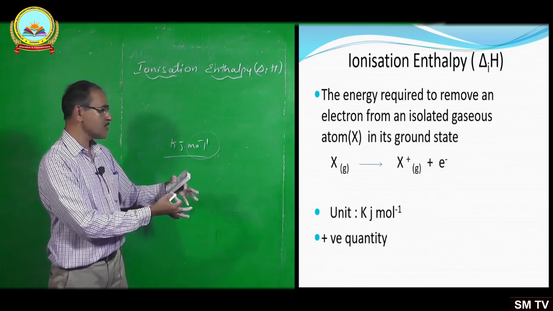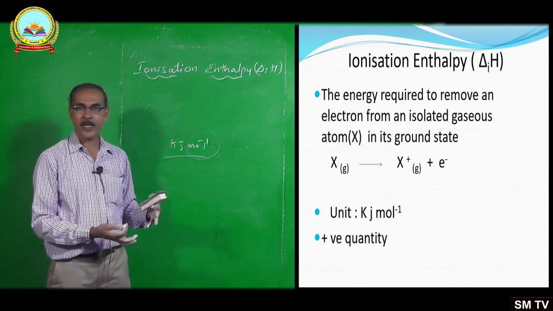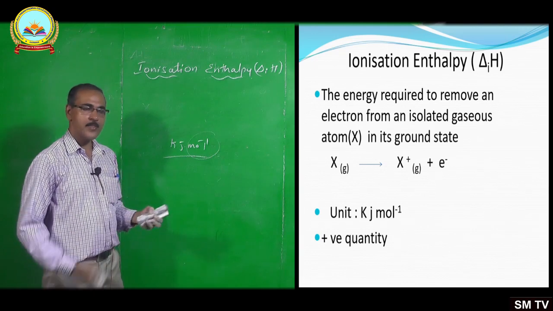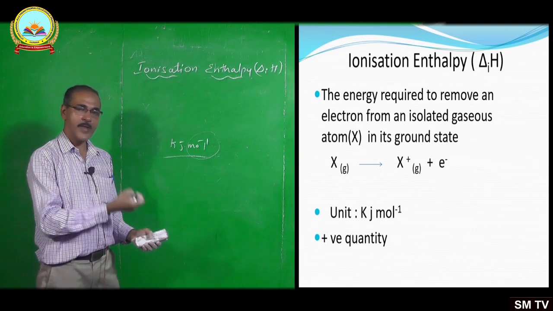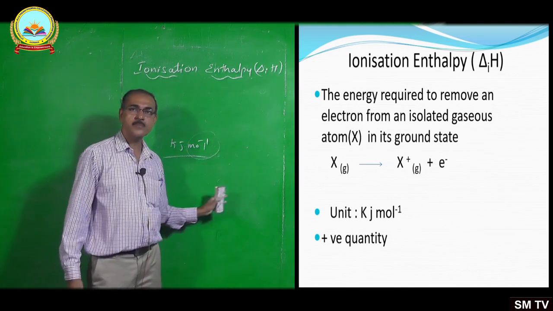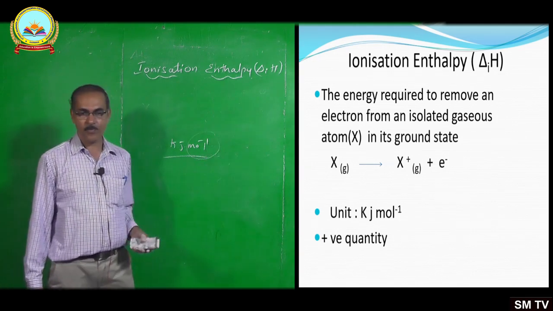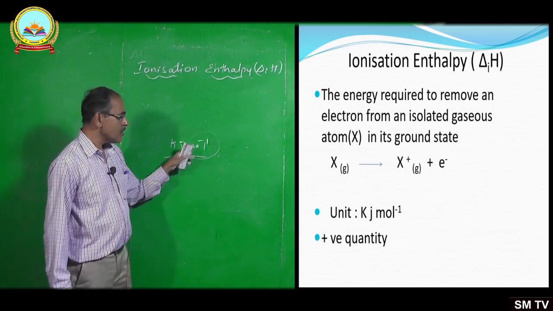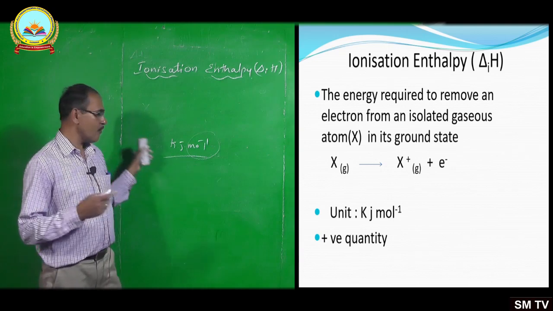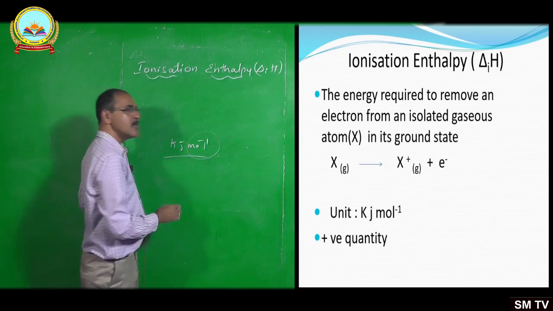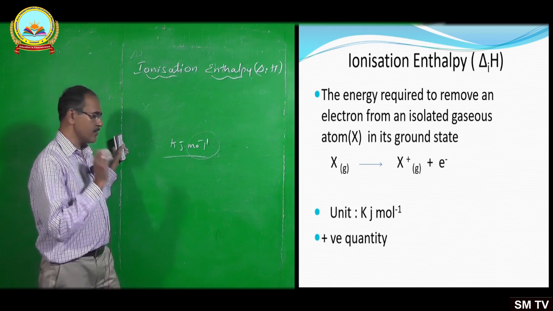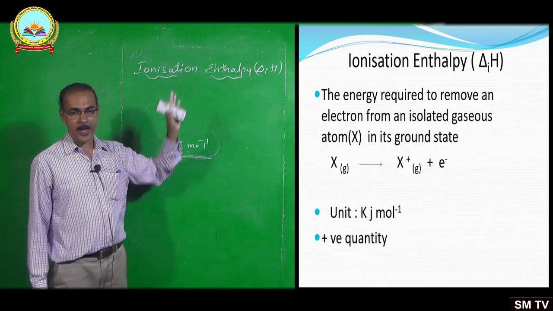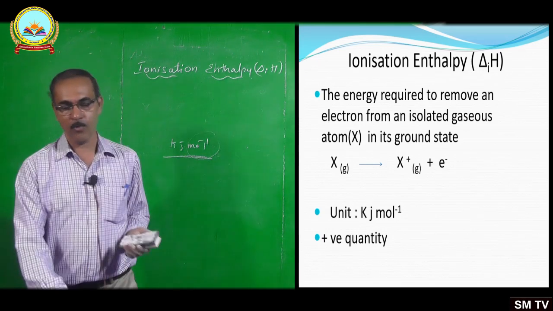You take 6.022 into 10 raised to 23 atoms, convert them into the gaseous state, then remove one electron from each of these Avogadro number of atoms. Whatever energy is required for 1 mole of the atoms, that is the unit: kilojoules per mole. The calculation is per mole.